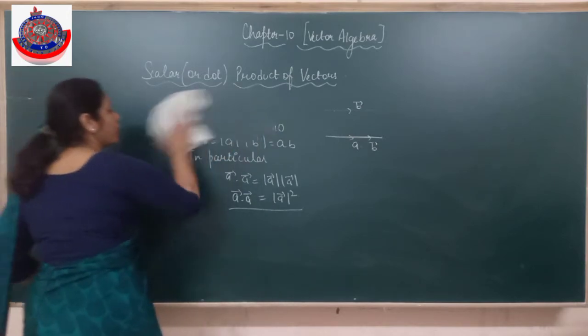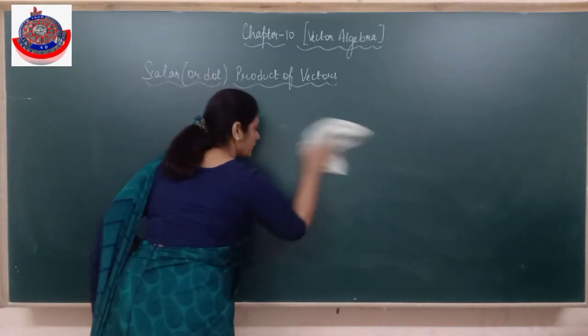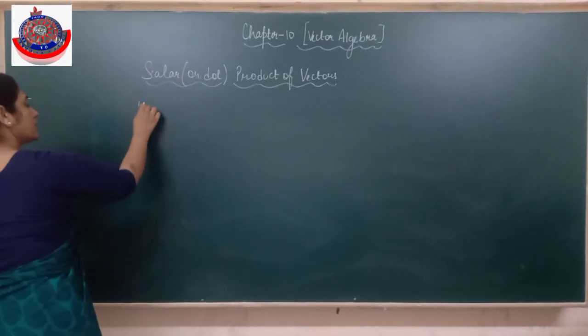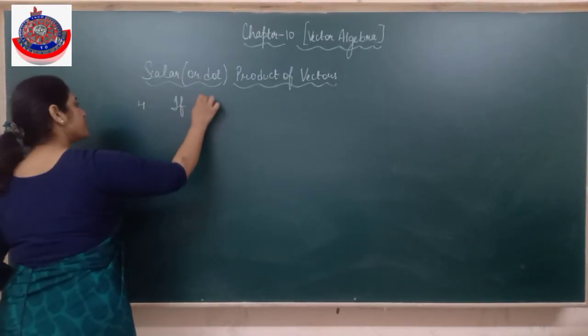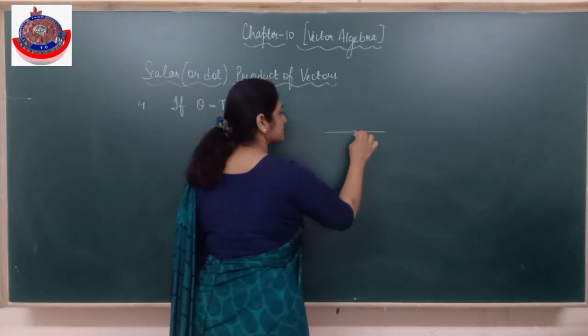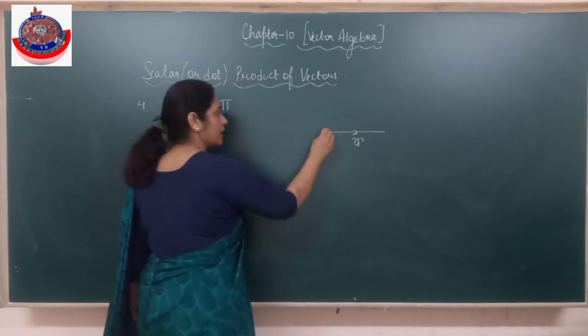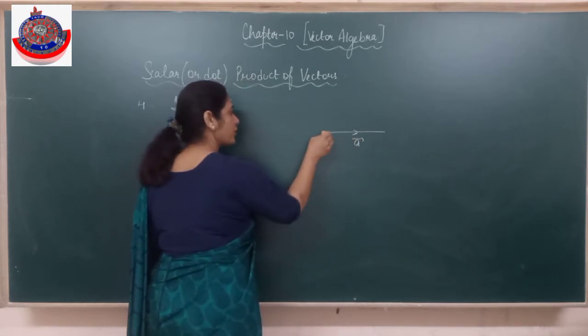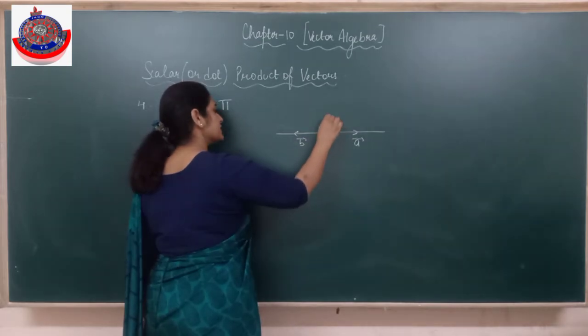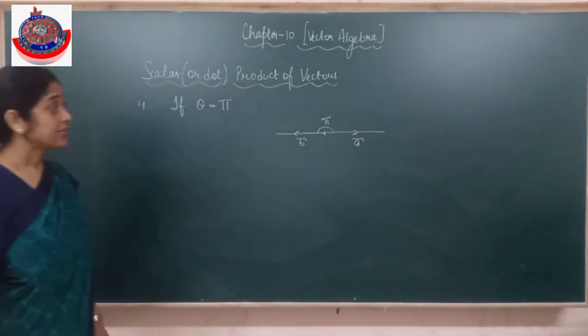Now we have the fourth point, which is if theta is pi. When is theta pi? This is the initial point. That means then we say this is pi. Is it clear?